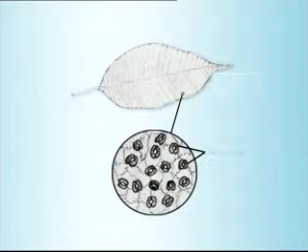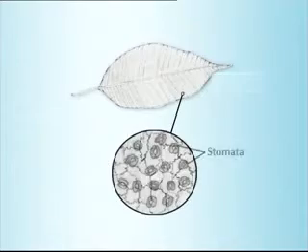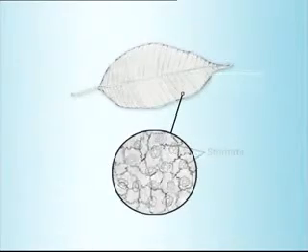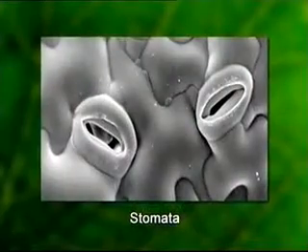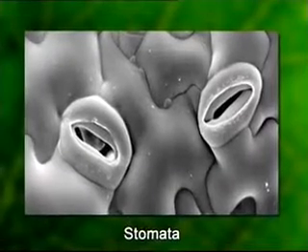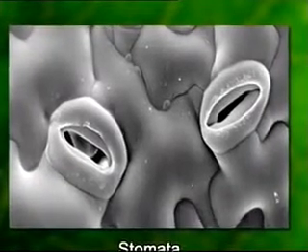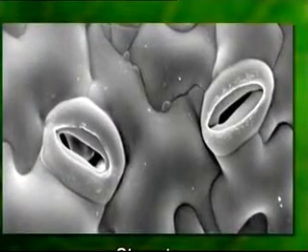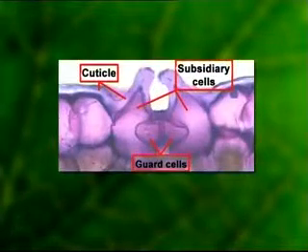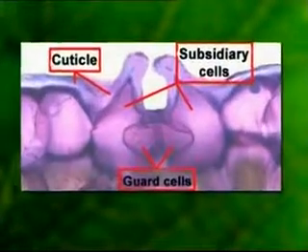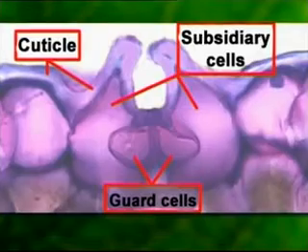The epidermis is covered with pores called stomata. The stomata are natural, anatomical, microscopic openings. The stoma complex consists of a pore surrounded on each side by chloroplast-containing guard cells and 2 to 4 subsidiary cells that lack chloroplasts.